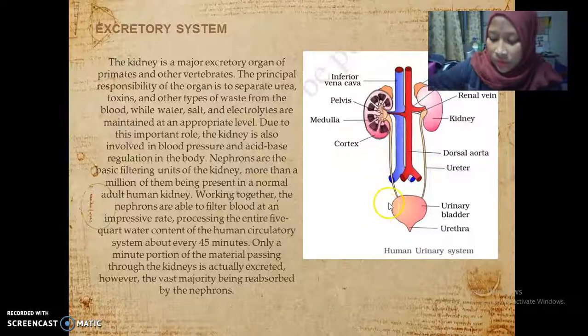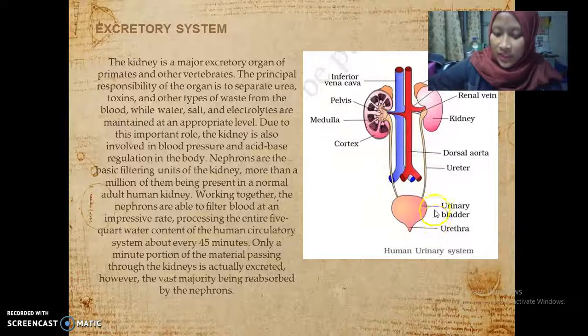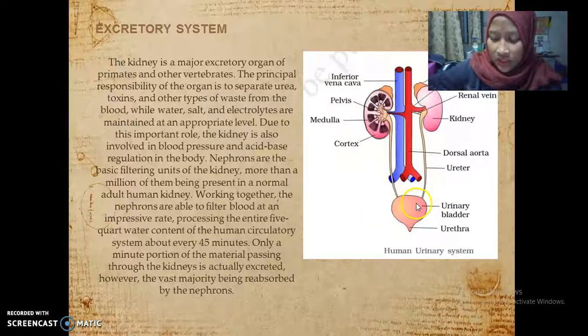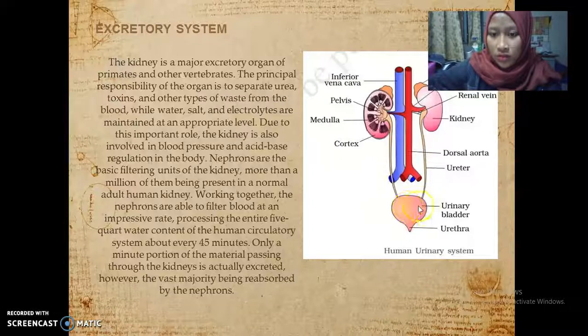The whole system includes the two kidneys, two ureters, the bladder, two sphincter muscles and the urethra. Urine produced by the kidney travels down the ureter and arrives at the bladder, where the urine accumulates and then exits the body through the urethra.